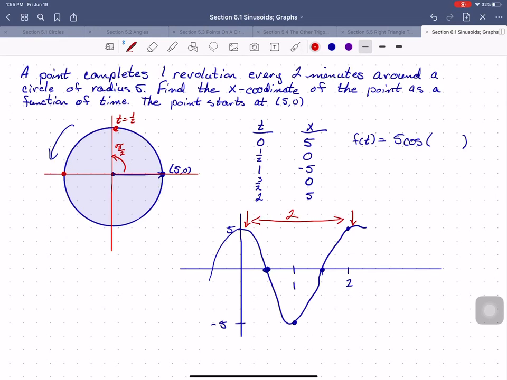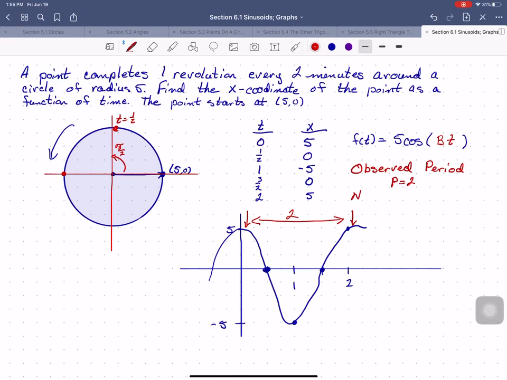So this is how it ends up working. We need an internal multiplier in order to get us to our function. The internal multiplier is related to the natural period of cosine. So our observed period is 2.